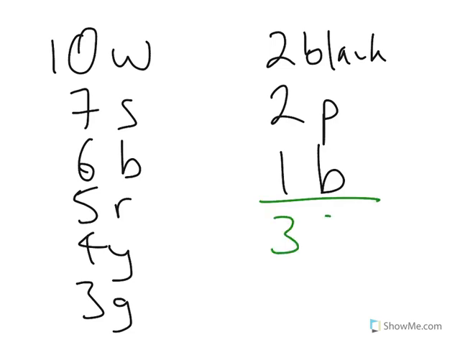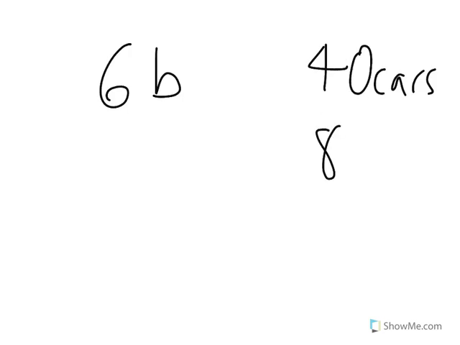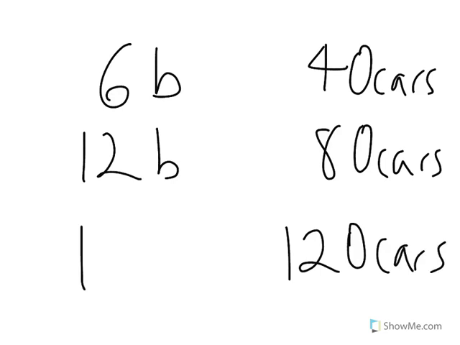All of that comes up to 40 cars. So for every 40 cars, he sells 6 blue. That means that if there were 80 cars, he would have sold 12 blue. And if there were 120 cars, he would have sold 18 blue.